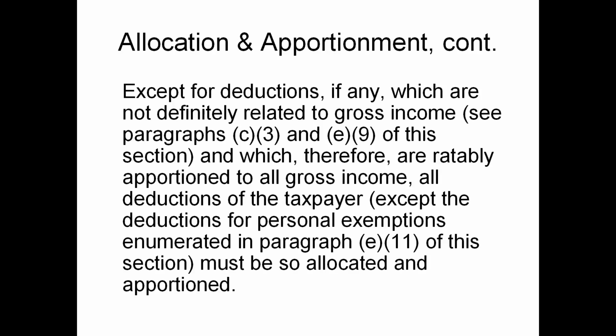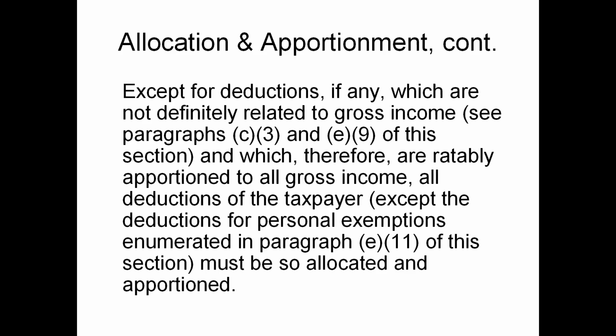And here's another excerpt, the very next sentence in the regulations from the one shown last. And I'm going to read it. Except for deductions, if any, which are not definitely related to gross income, and which therefore are ratably apportioned to all gross income, we'll get to that, all deductions of the taxpayer must be so allocated and apportioned.